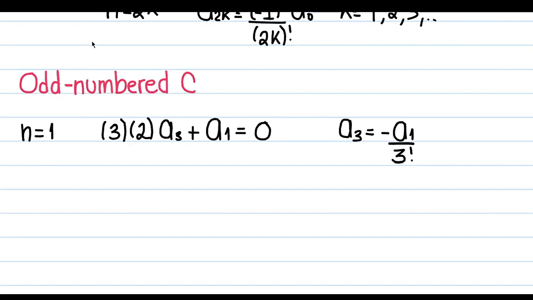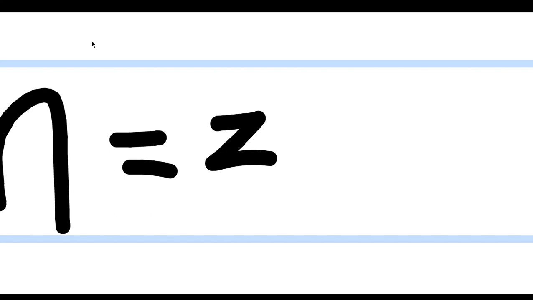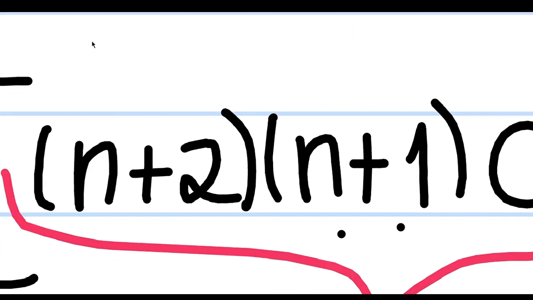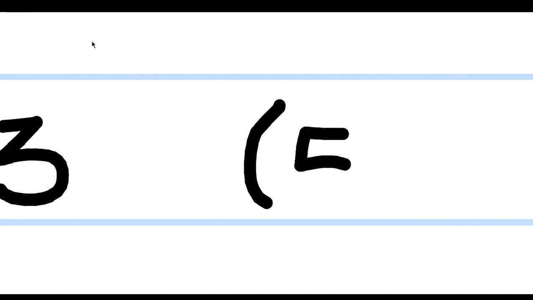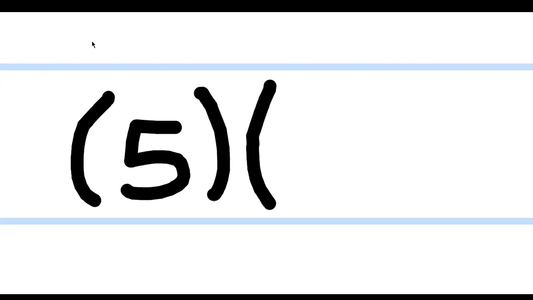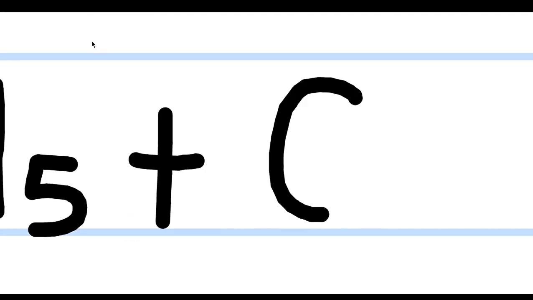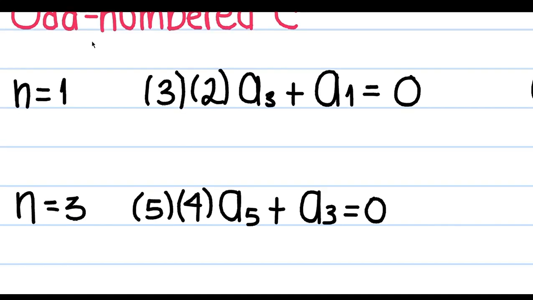And when n is equal to 3, my recurrence relation is n plus 2 would be 3 plus 2, which is 5, 5 times 4 times a sub 5 plus a sub 3. Isn't it?